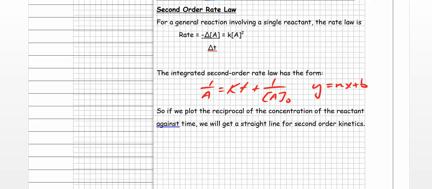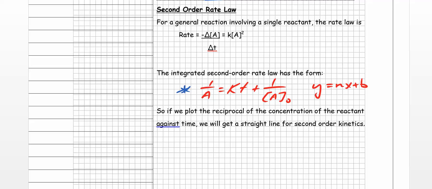So the integrated second order rate law has this form. Notice this time we're going to take the reciprocal of the concentrations. So here it is, ladies and gentlemen, the integrated second order rate law.